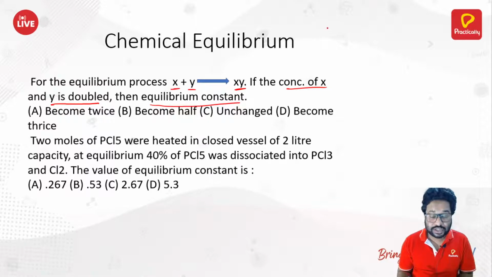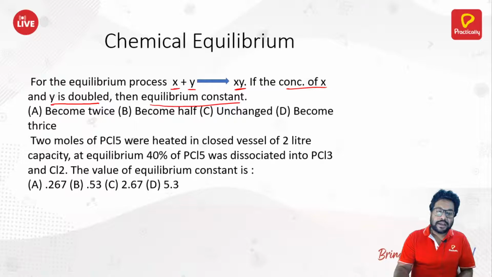It is unchanged. I told you earlier, even if you increase the concentration of x and y, you will get more and more product which is xy. As per the equation of equilibrium constant, the product is in the numerator and reactant in the denominator.